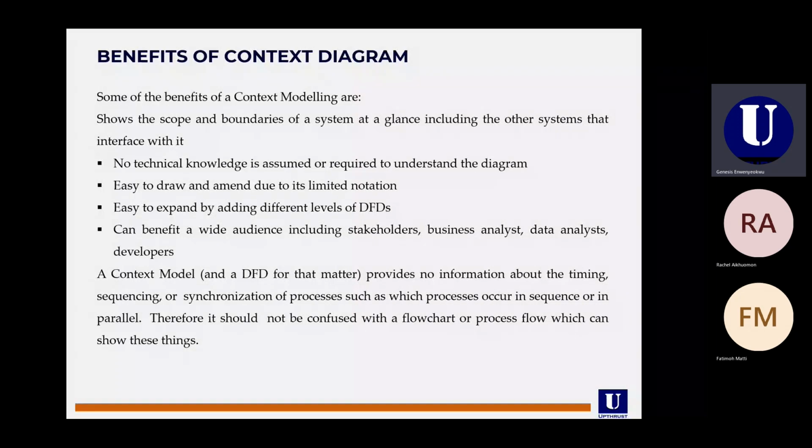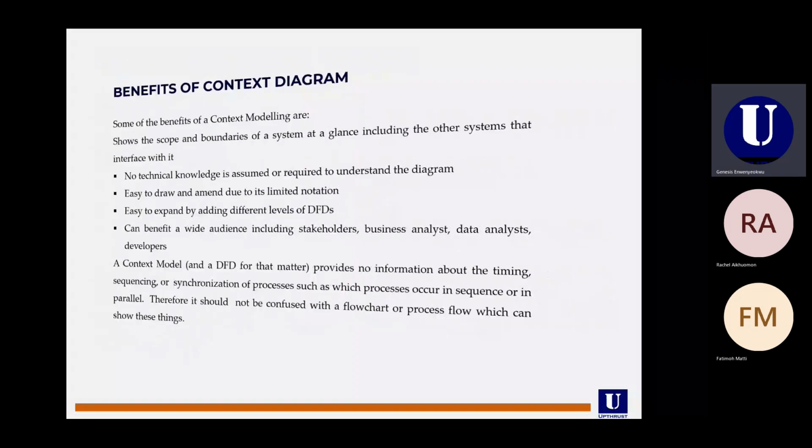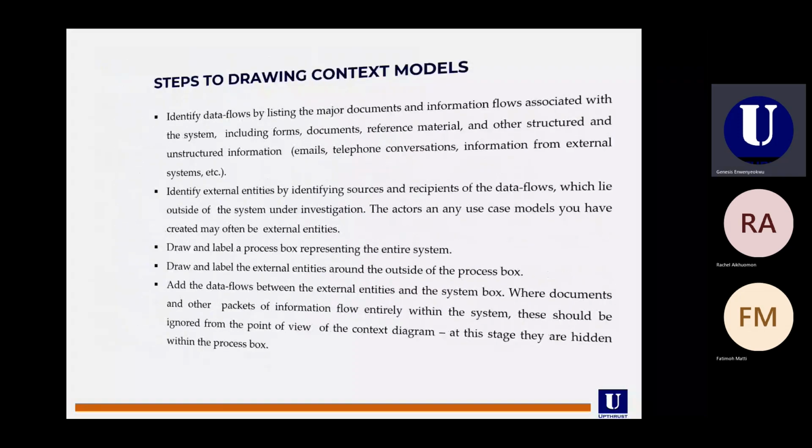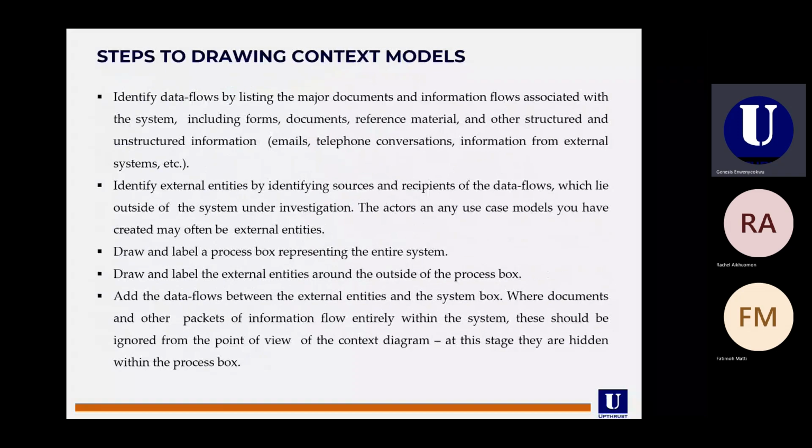When we are drawing a context diagram, what steps should we follow? One is to identify the data flows by listing the major documents and information associated with the system. So we need to identify what information will be transferred, or what the data flows are.